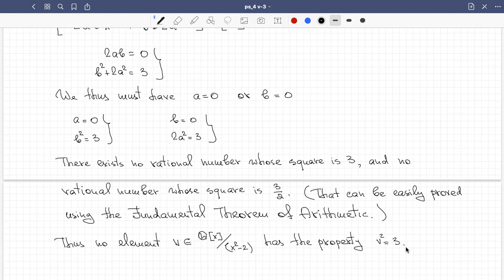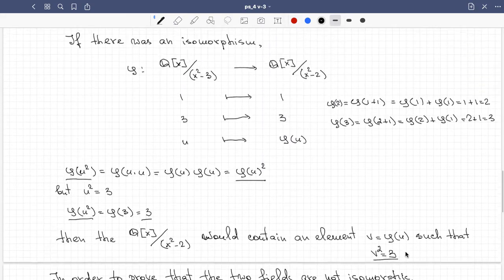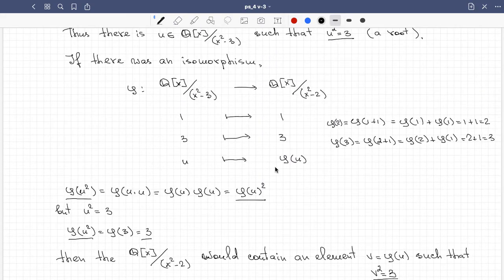Therefore, the isomorphism we were speaking about cannot exist. This isomorphism implies the existence of such an element, the image of a certain element u in this field.